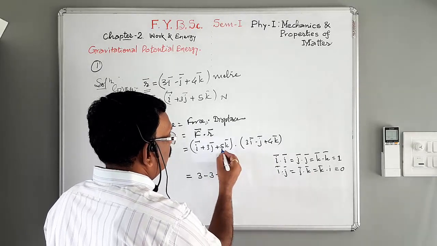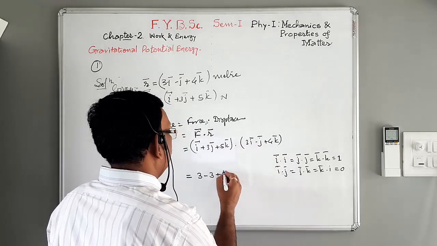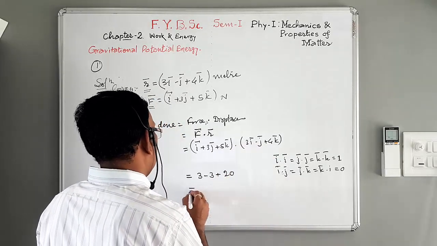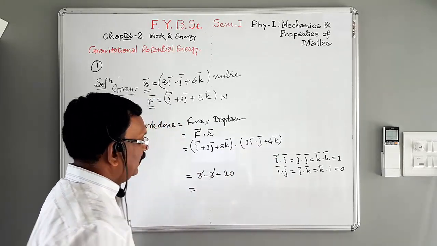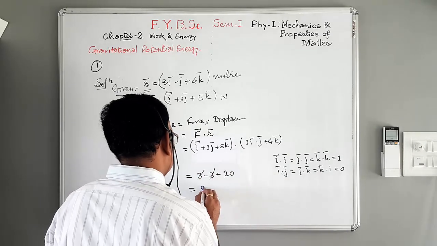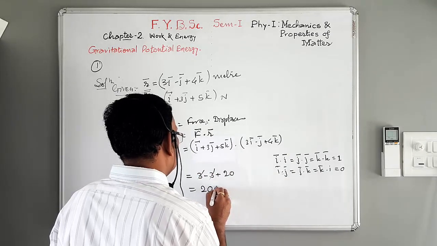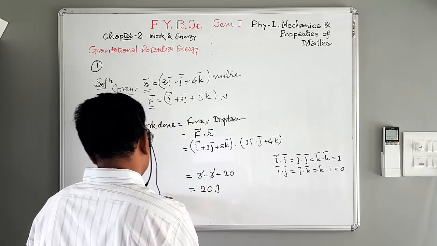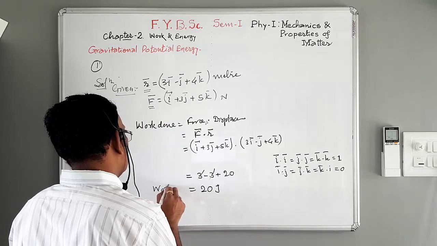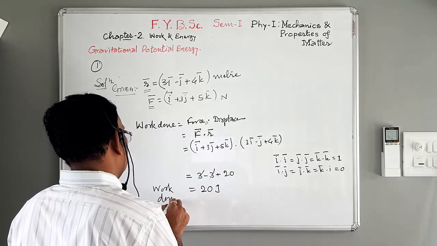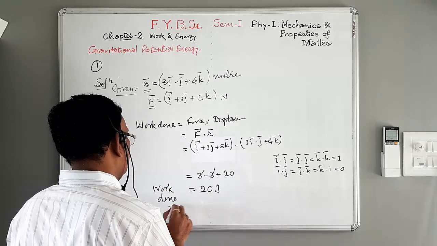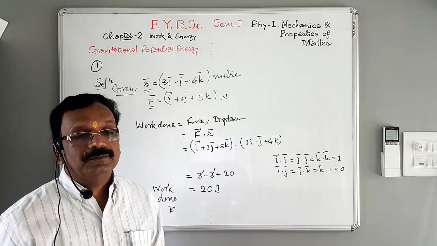Then plus 5k dot 4k is equal to 20. Therefore, 3 is getting cancelled with minus 3, and we have 20, that is 20 joule. This is the work done by the force F on the particle.